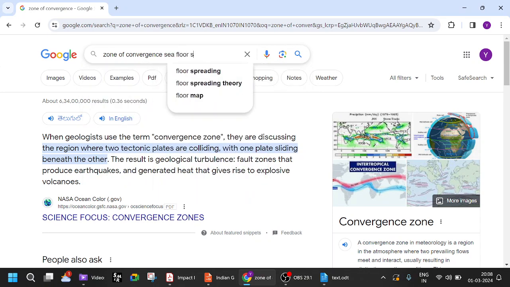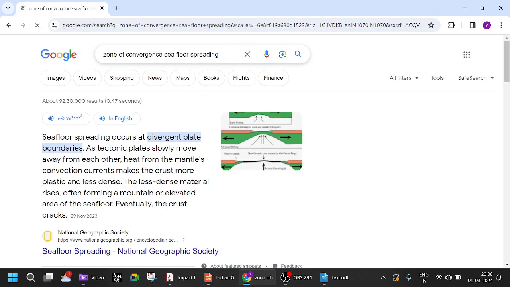Seafloor spreading occurs at divergent plate boundaries. As tectonic plates slowly move away from each other, heat from the mantle's convection current makes the crust more plastic and less dense. The less dense material rises, often forming a mountain or elevated area on the seafloor.